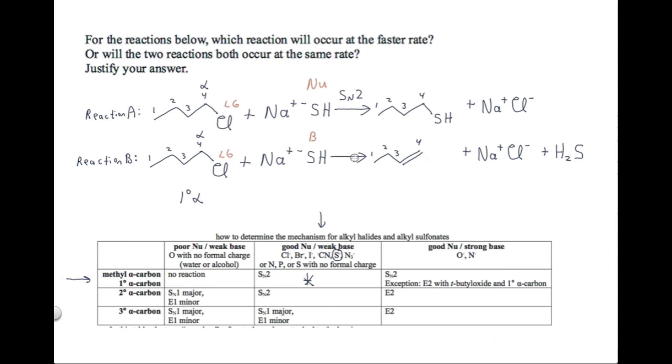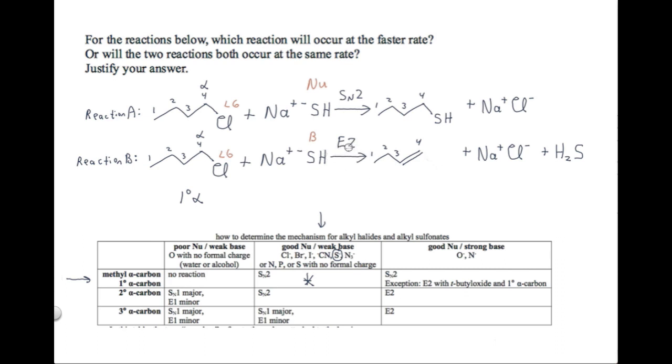What mechanism should we say reaction B occurred by? Well, if it's not occurring by SN2, in order to make an alkene, it would have to occur by E2 or E1. E1 also makes an alkene product. I guess it's better for concreteness to suppose that reaction B occurred by an E2 reaction. Obviously, E2 would be pretty slow in this situation, but it might occur at some very slow rate.